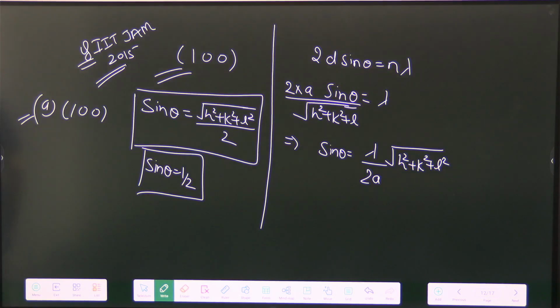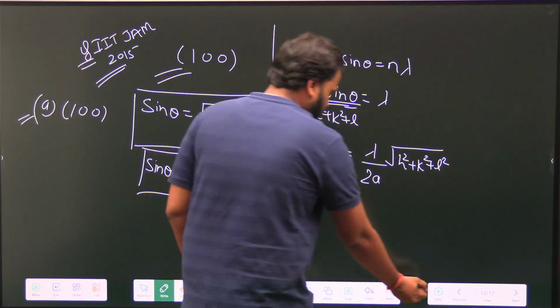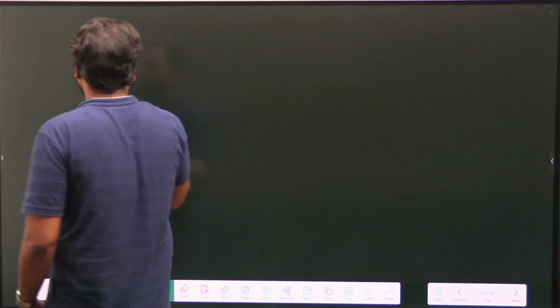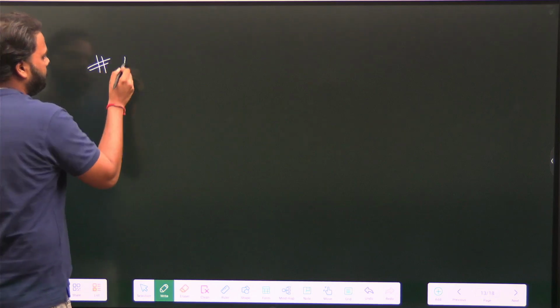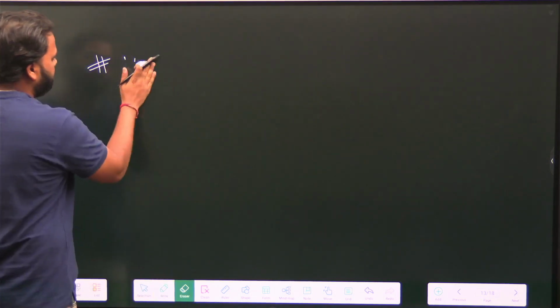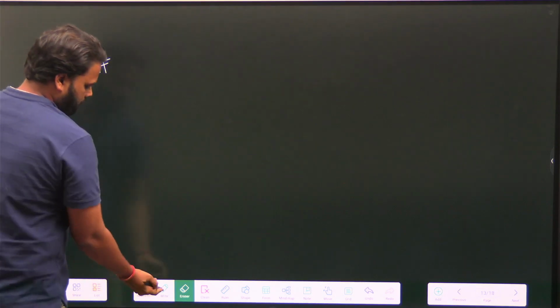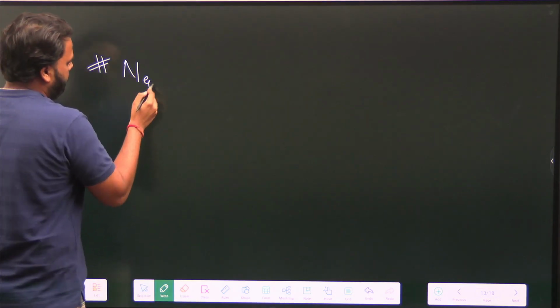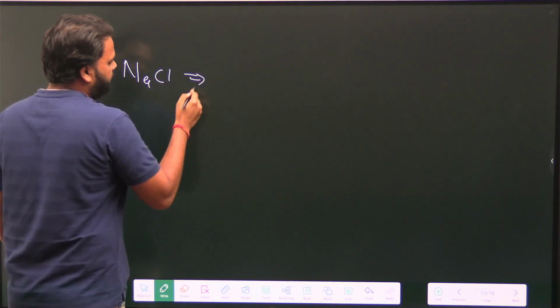For sodium chloride, the question is which will not give rise to Bragg's reflection of X-rays? क्या होगा भैया बताओ? What are the conditions for NaCl? Same as FCC, ना? For NaCl, the condition is same as FCC.